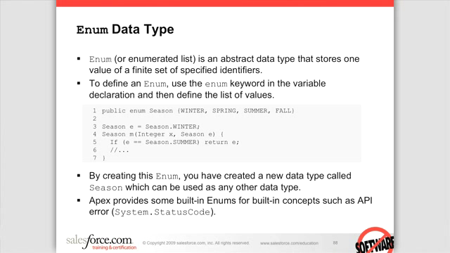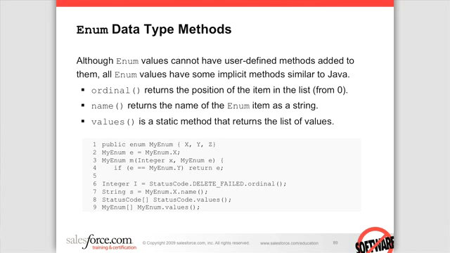You'll see that we use enumerated types in certain places. There are methods associated with a specific value of an enumerated type. Ordinal is the position of the item in the list, name returns the item as a string, and values returns all of the names as a list of strings. It doesn't allow you to create custom methods, but there are default methods.